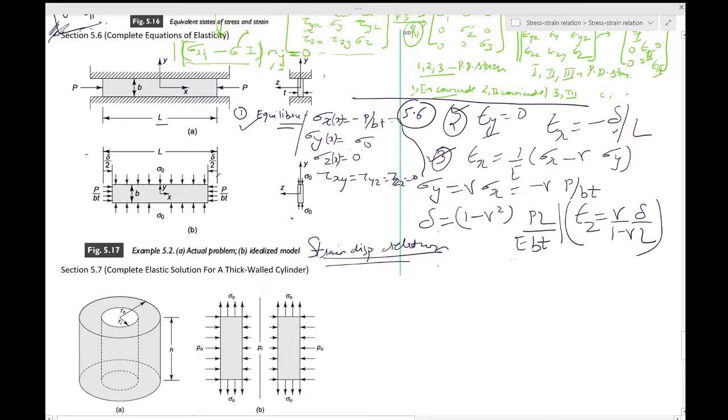So for this, if we consider the origin of the coordinates to be in the center of the plate over here, okay, this is the center of the plate, and also it's not just the center on the surface, you see it's also on the center of this thickness.